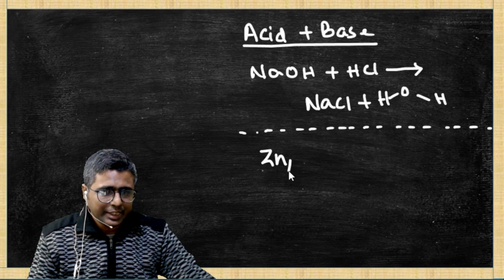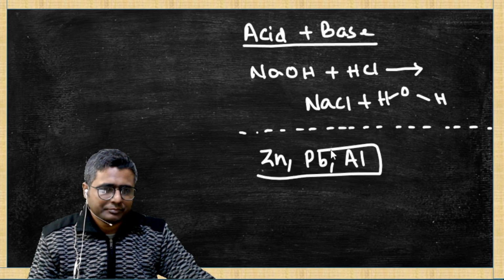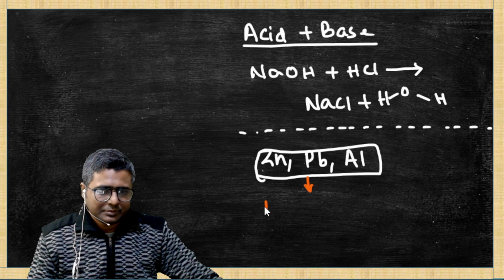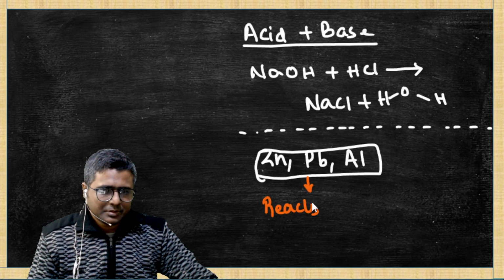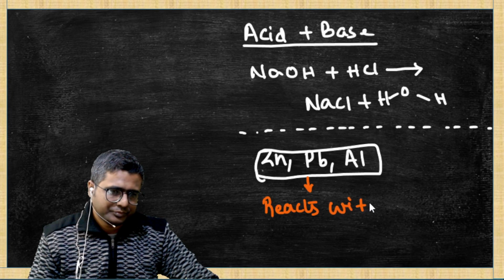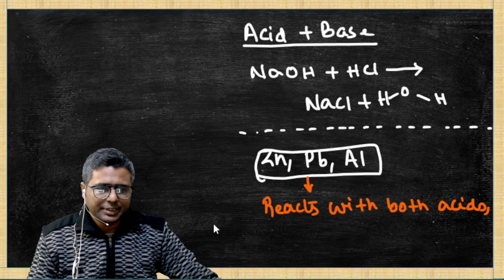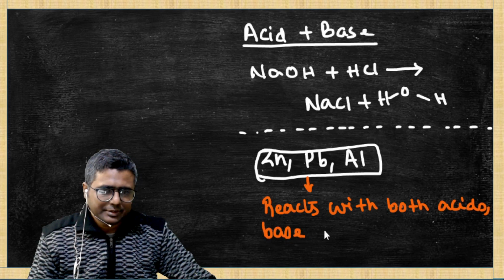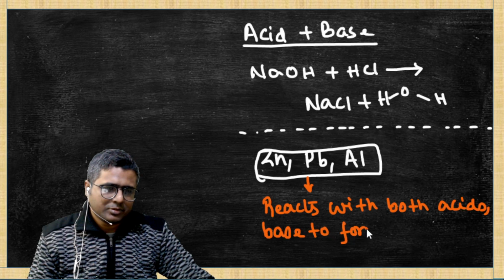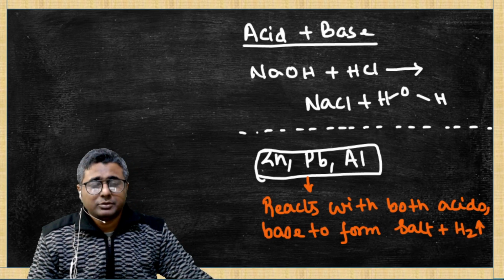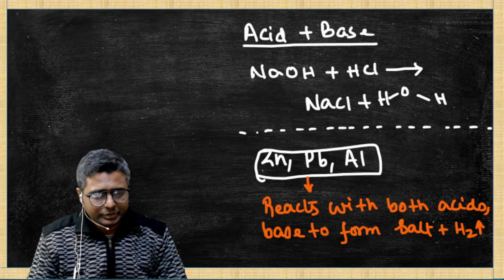So this is zinc, lead, aluminium. They react with both acids and base to form salt plus hydrogen. We are going to see an example.